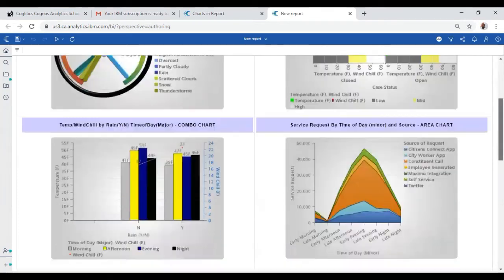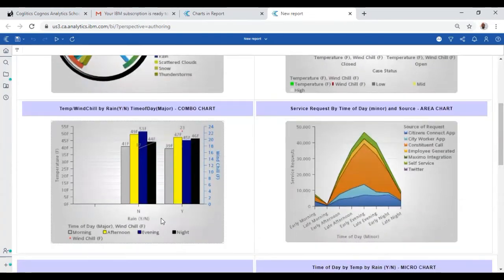So we go to the next chart quickly, and this is a combination chart. This combination chart is using two different y-axes. You can see we have temperature here and we also have wind chill here. This is a very important feature of IBM Cognos, because we can have a particular chart that has two axes.